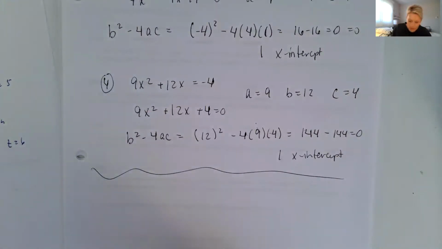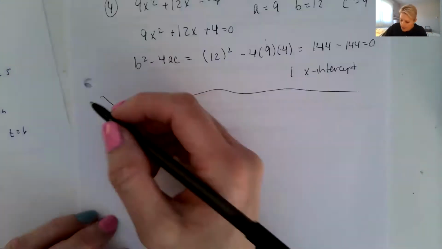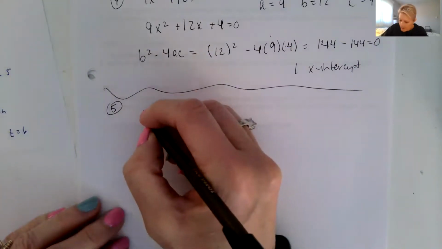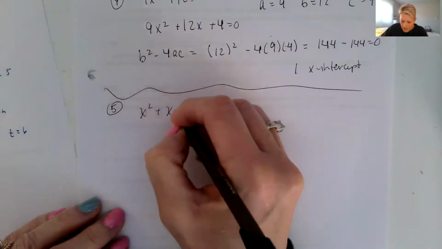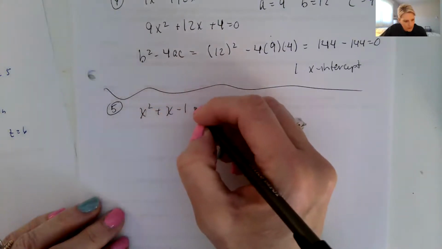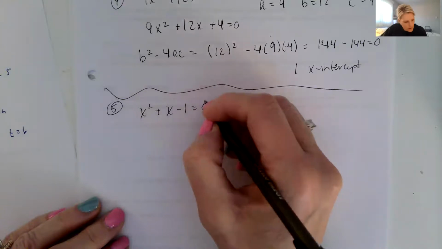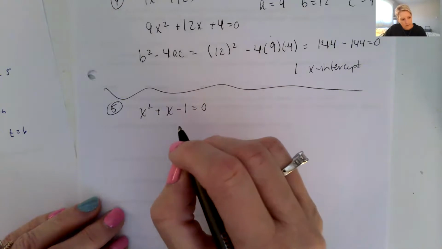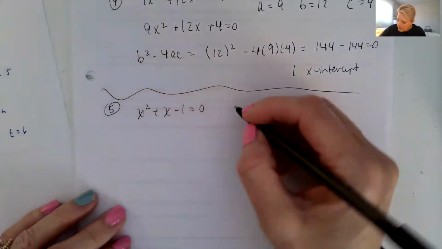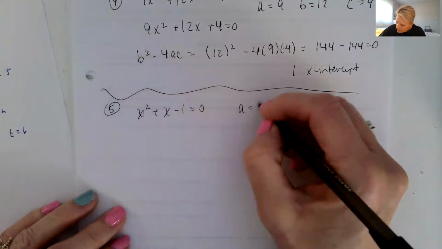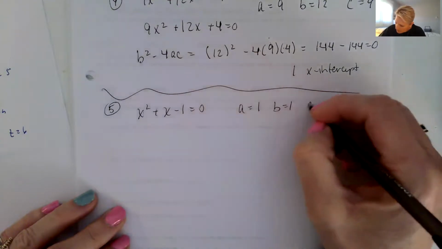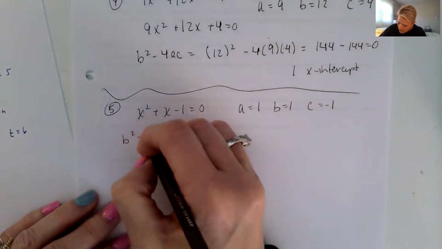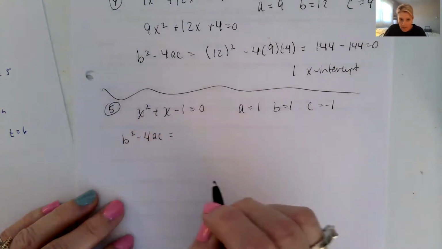So let's look at number 5 in the book here. Number 5 in the book has x squared plus x minus 1 equals 0. Okay, so everything's to one side. So we have a equals 1, b equals 1, c equals a negative 1. So b squared minus 4ac.